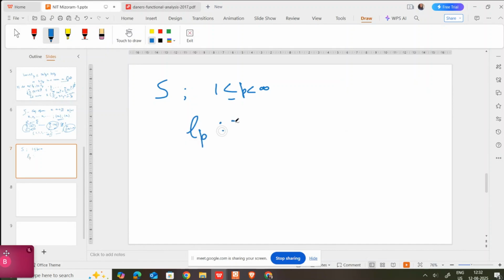This is the set of all sequences in S such that the summation of mod xi raised to p, from i equal to 1 to infinity, or 0 to infinity, is finite. These are called LP spaces.